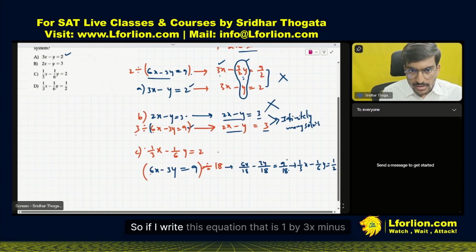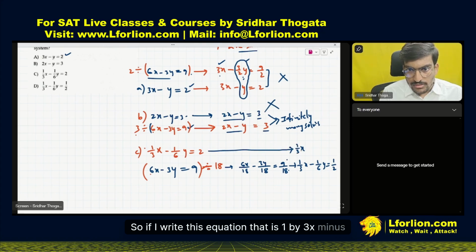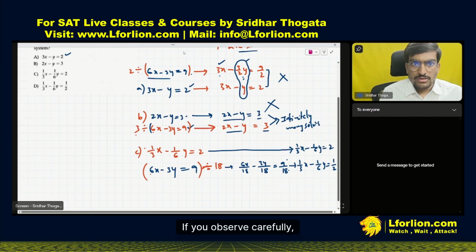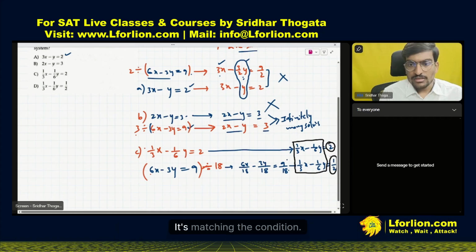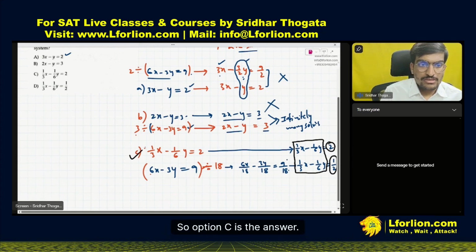So the equation is 1 by 3x minus 1 by 6y equals 1 by 2. If you observe carefully, the equations are the same except for the constants. Constants are different. It's matching the condition. So option C is the answer.